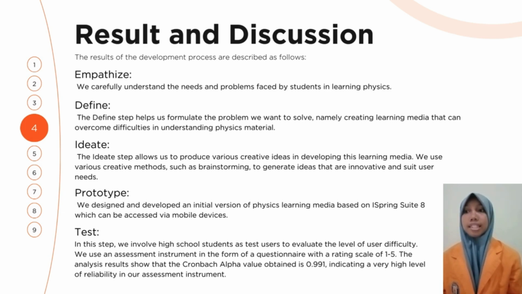We use an assessment instrument in the form of a questionnaire with a rating scale of 1 to 5. The analysis results show that the Cronbach alpha value is 0.991, indicating a very high level of reliability in our assessment instrument.